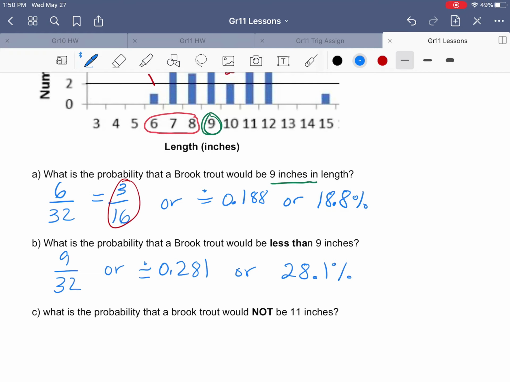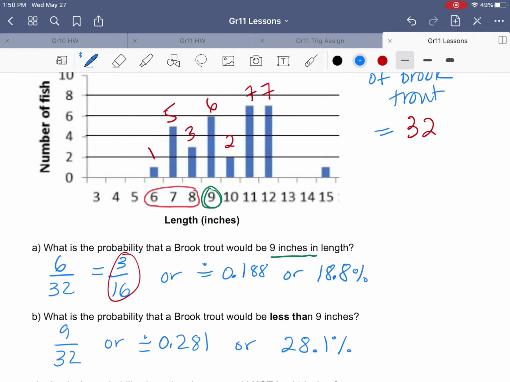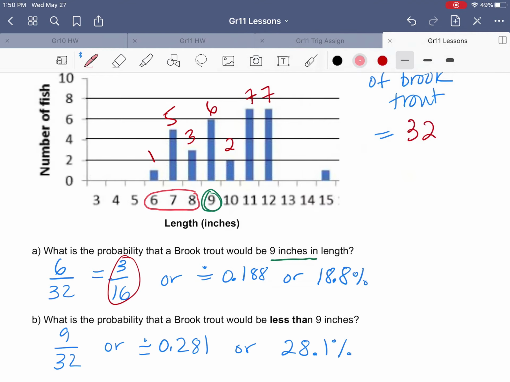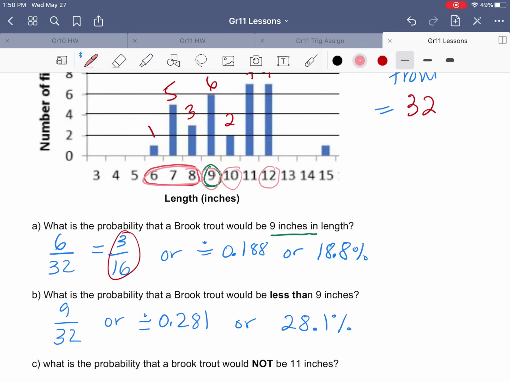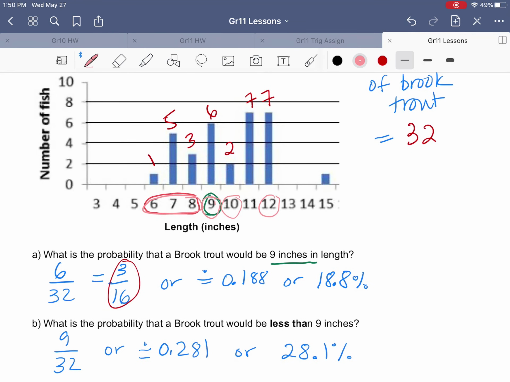Okay, and lastly, what is the probability that a brook trout would not be 11 inches? Let's do a quick circle of what we are including here. All of those that aren't 11 inches, so 12 inches, 10 inches, 9 inches, and 6, 7, and 8 inches. If we add all of those up, there are 25 other fish that are not 11 inches.